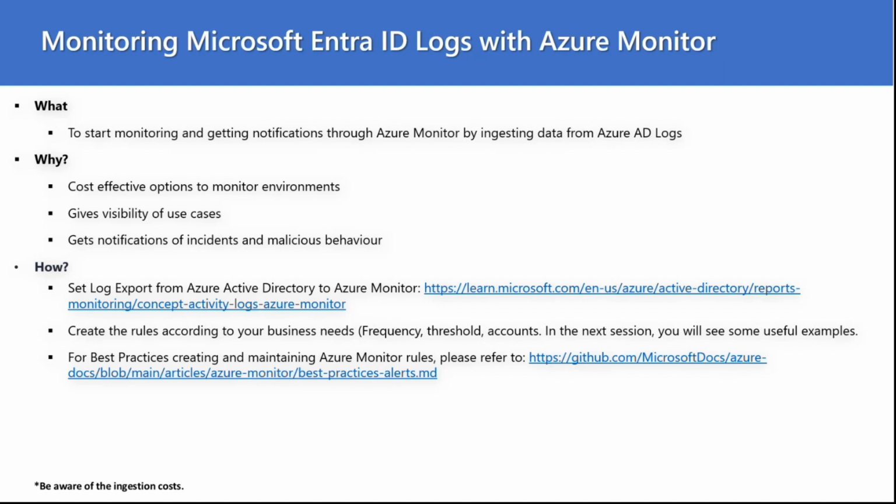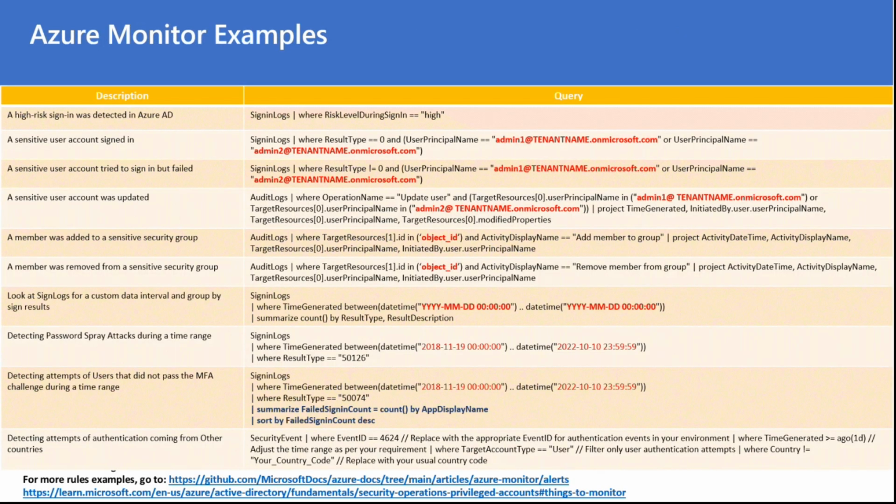In this case, I'm only covering a small piece of Microsoft Entra ID logs, because monitoring identities is really nice stuff. Here I included several examples of use cases and patterns about attacks with a focus on identities, like password sprays, sensitive accounts being accessed, and MFA failed results and attempts.